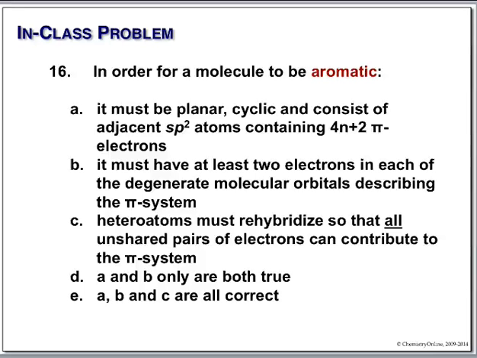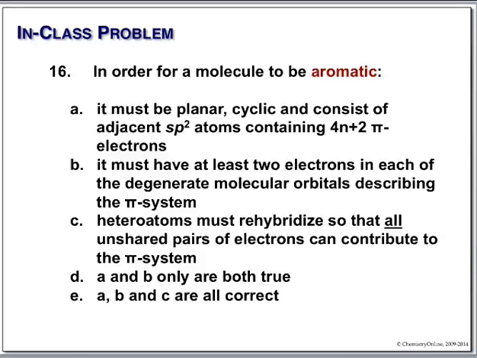All heteroatoms must rehybridize so that all unshared pairs can contribute to the pi system? No. Now, we saw lots of heterocycles, remember? Things with nitrogens and oxygens in the ring, where the lone pairs would either be orthogonal to the ring plane, so they don't count, or they would participate in the pi system.